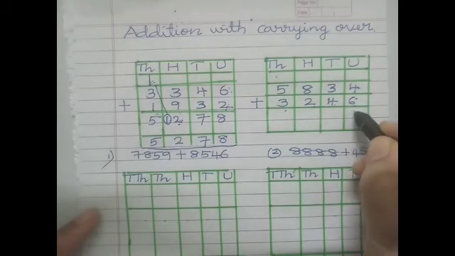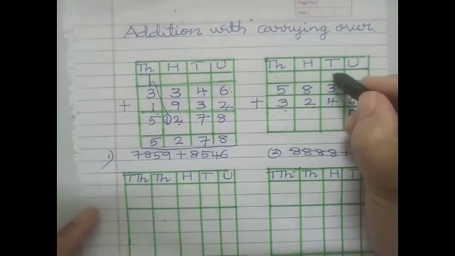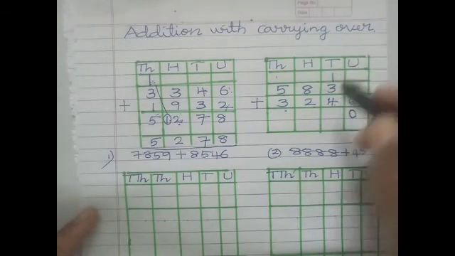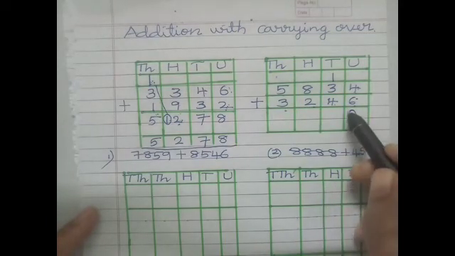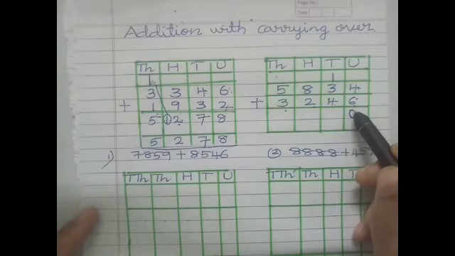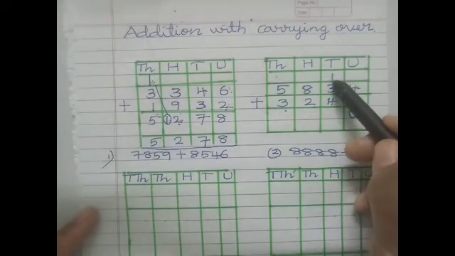So 10 will come here. Instead of writing 10, we will write only 0 here and 1 will carry over to the tens place. Is that clear? There is no need to write 10 here. We can directly write 0 and then carry over 1 to the tens place.